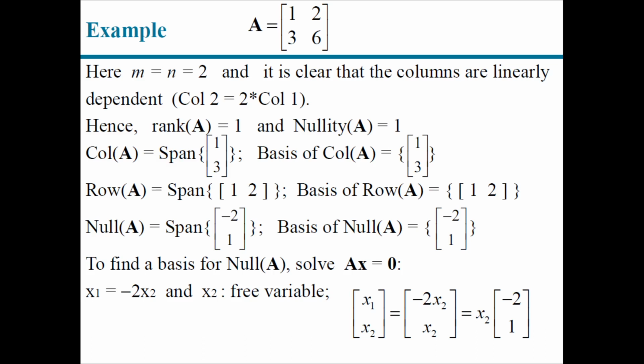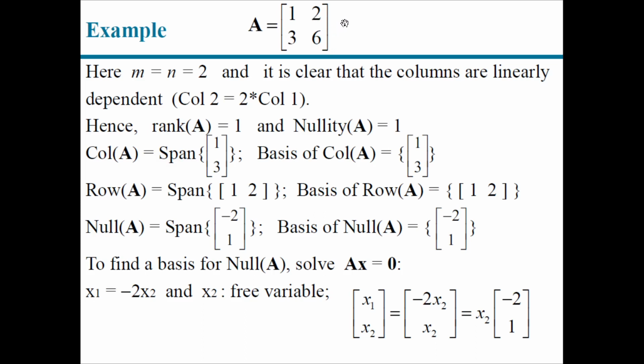Okay, an easy example. Here I have a 2x2 matrix, and I check this, so I have 2 columns. They seem to be linearly dependent, because column 2 is just 2 times column 1. So how many linearly independent rows or columns do I have? 1, because the other one is dependent. I have 2 rows, and if you check, row 2 is 3 times row 1.